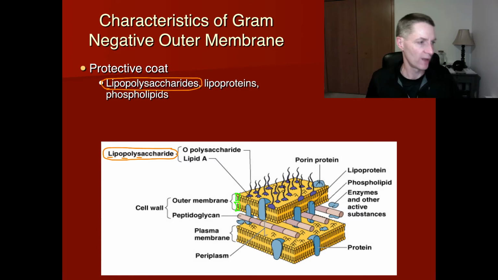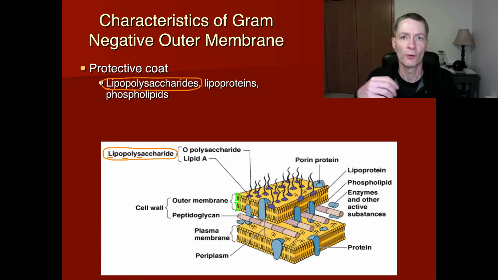Just to give you an idea, when we are treating infections that are caused by gram-negative organisms, we don't want to apply antibiotics that destroy the cell wall, because what this does is it disrupts these polysaccharide molecules and disperses them in the bloodstream. Now, the immune system sees these LPS molecules as an abundance of foreign molecules.